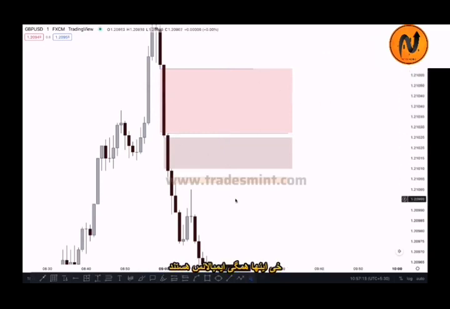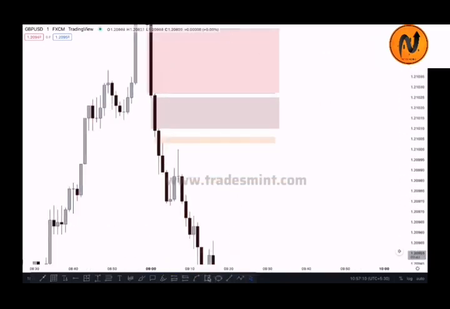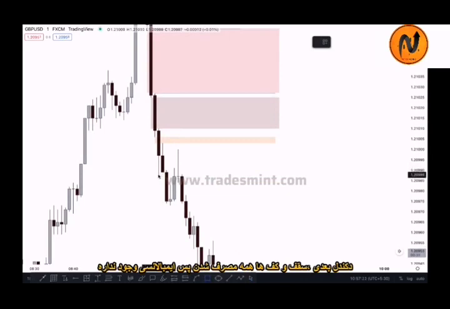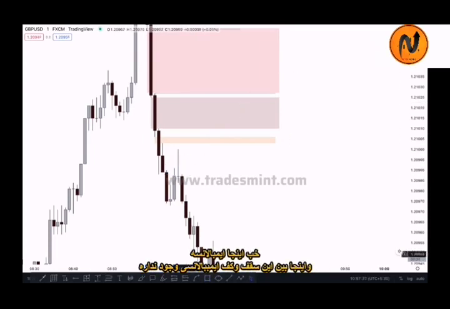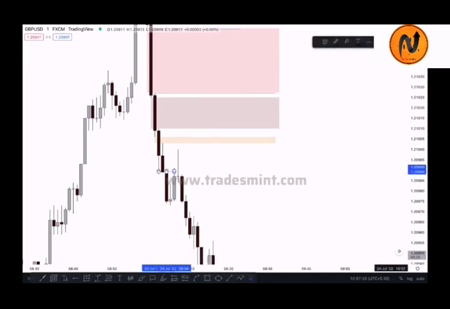So these are imbalances. If you notice here, on the next candlestick, the high is here and the low is here, so this is already mitigated, so there is no imbalance, right? So this is an imbalance and there is no imbalance between this high and low, right?